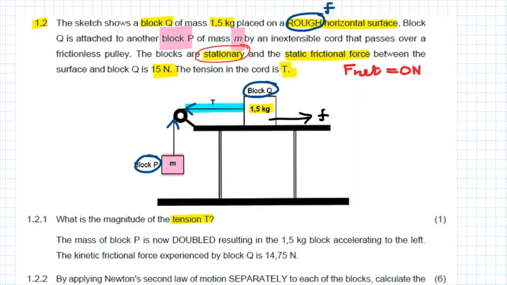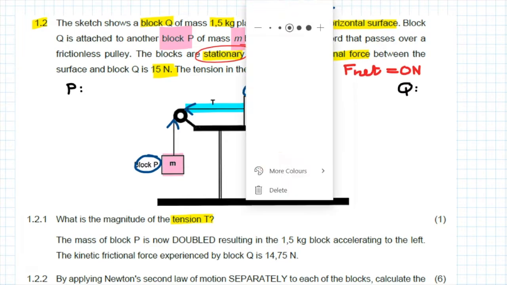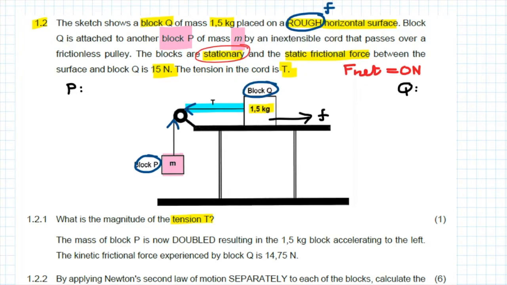So let's go and draw free body diagrams for the system of blocks. Starting off with block P, we're going to label this P, and on the right hand side I'm going to draw a free body diagram for block Q. We're going to do this even though it was not required of us. For block P, we draw a dot because free body diagrams represent the bodies with dots.